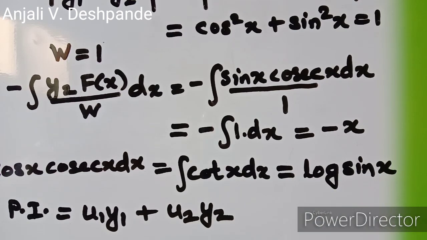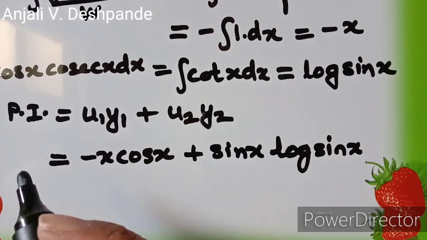So plus sin x into log sin x, and that is the PI.